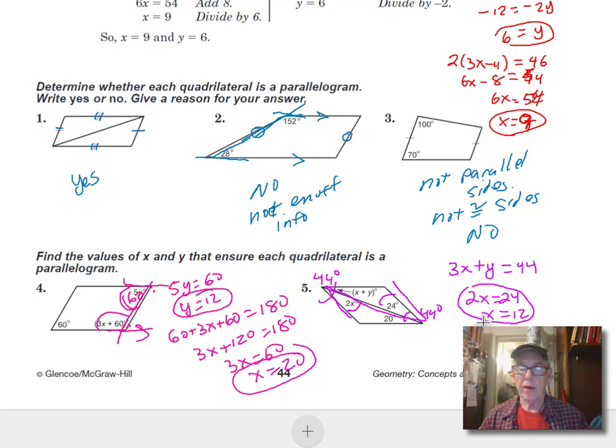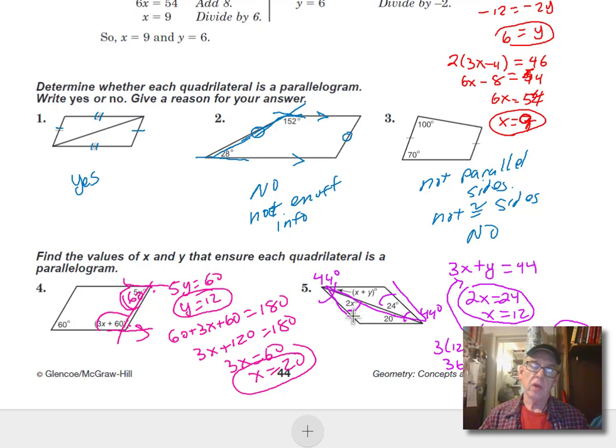So now I can go up to this one and plug 12 in for x and see what we get. We got 3 times 12 plus y is equal to 44. 36 is 3 times 12 plus y is equal to 44. Take 36 away from both sides, y equals 8. So we find out that y is equal to 8.